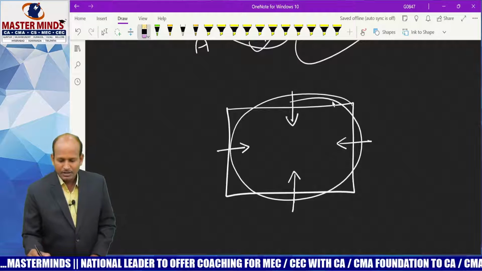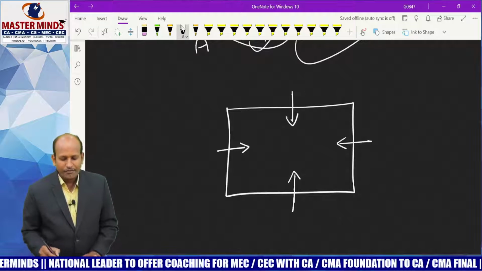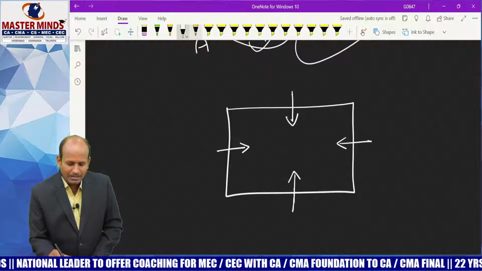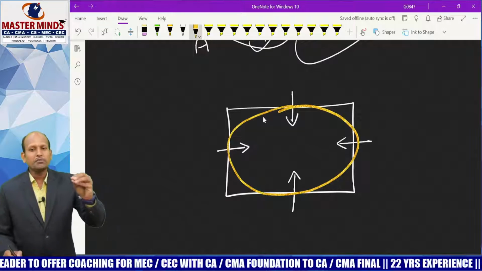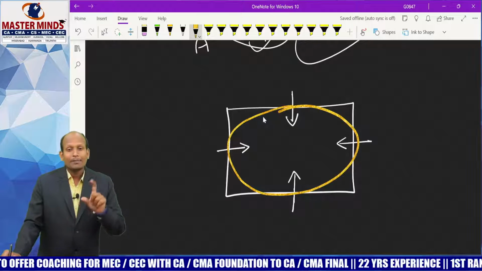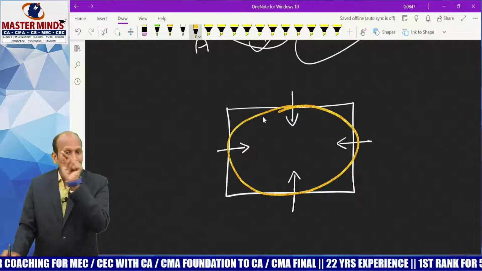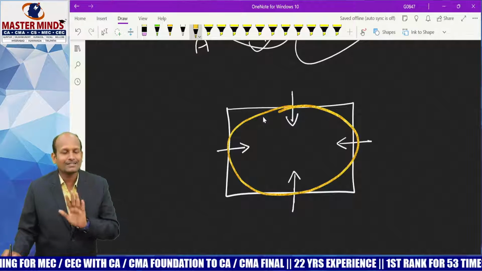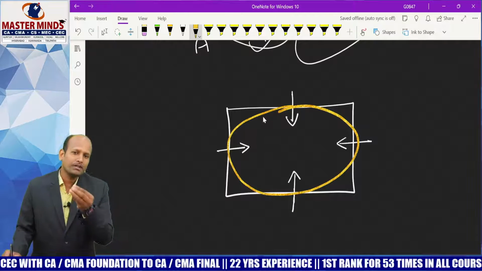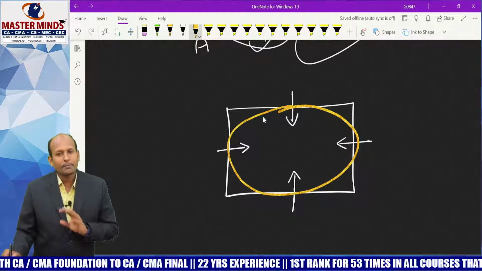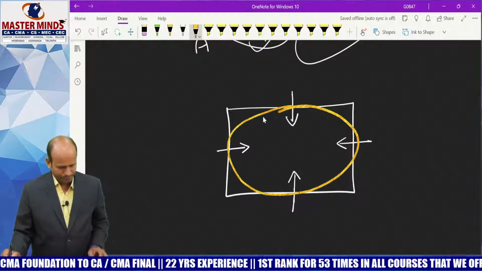So instead of rectangle, you can draw the circle. That means here the arrangement of the people is important, but the diagram in which they are seated is not important. So all the polygons you can represent with a circle itself. So now I am representing the rectangle with a circle.